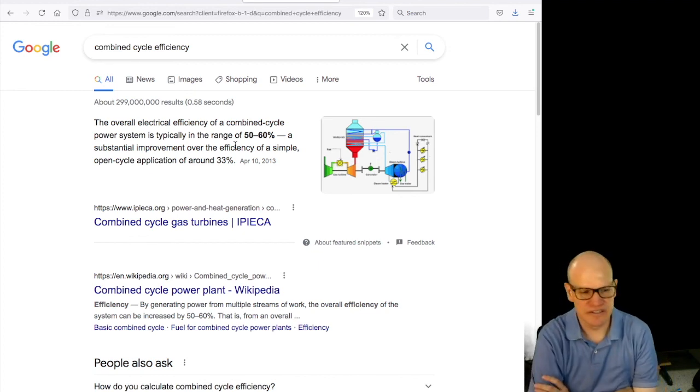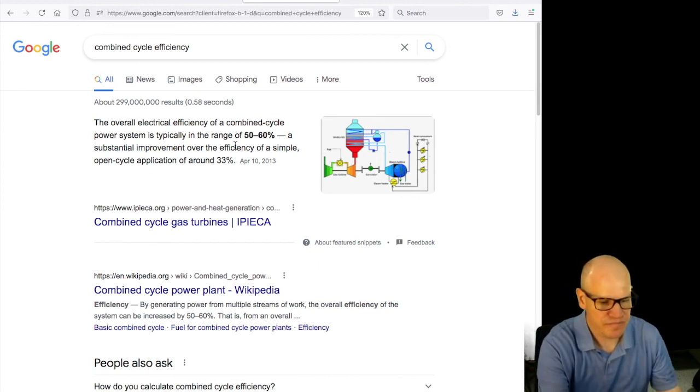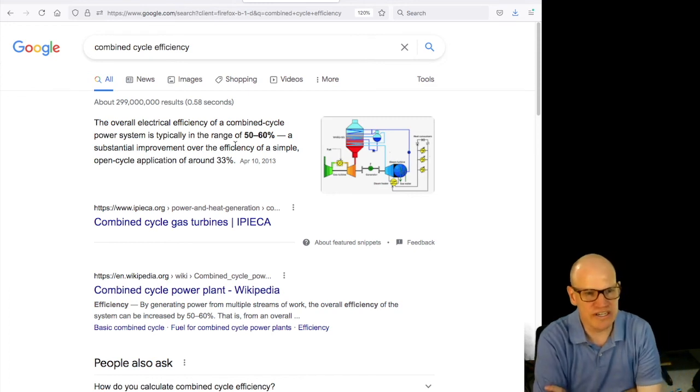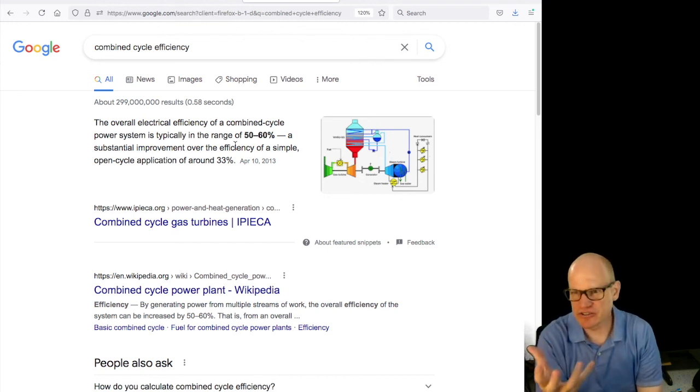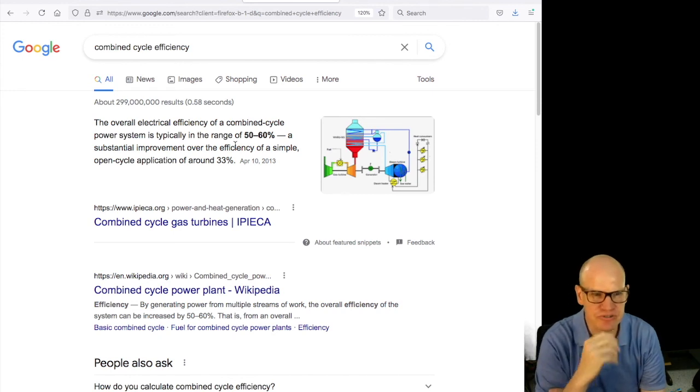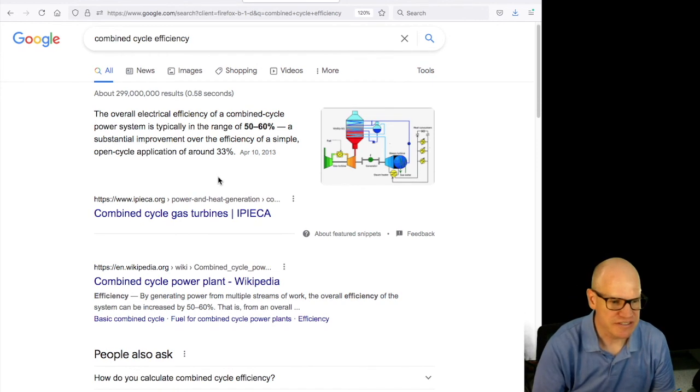When you look at the efficiency of the Otto cycle, you're more like 30%. So that's the combined cycle.